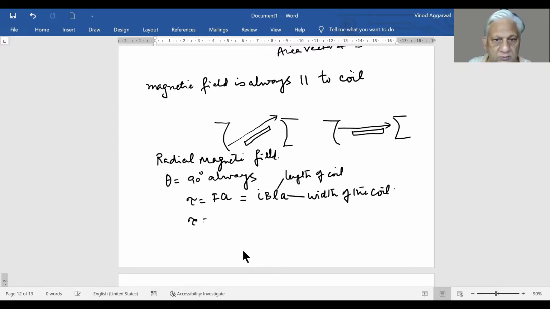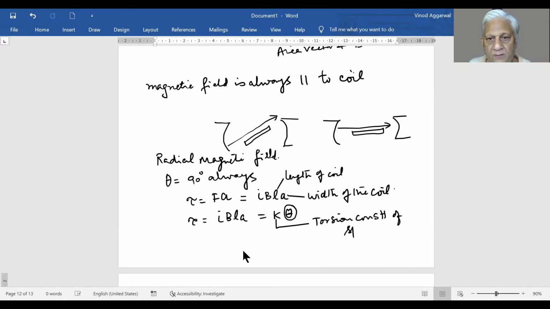So our tau, I B L A, is equal to k theta, if the coil rotates by angle theta, where k is the torsional constant of the spring. This is the anti-torque produced by the spring, and this is the torque produced by the magnetic field.